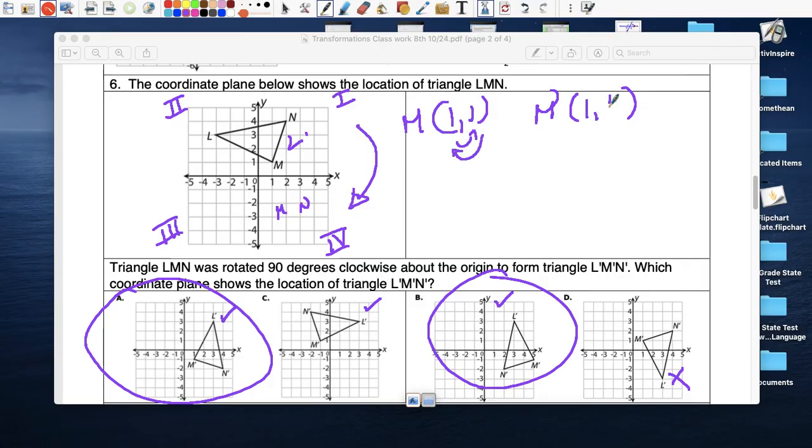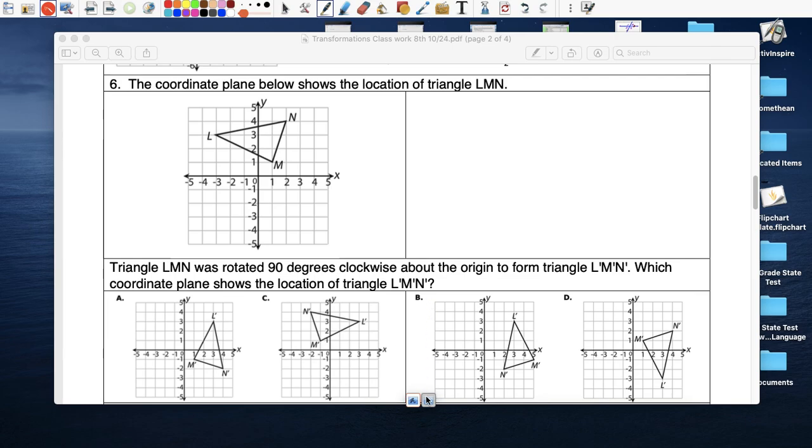They're still 1 and 1, but in quadrant 4 the second number is negative. So M prime should be (1, -1), and this one here is correct. This one here, M prime, is incorrect. So the correct answer is A.